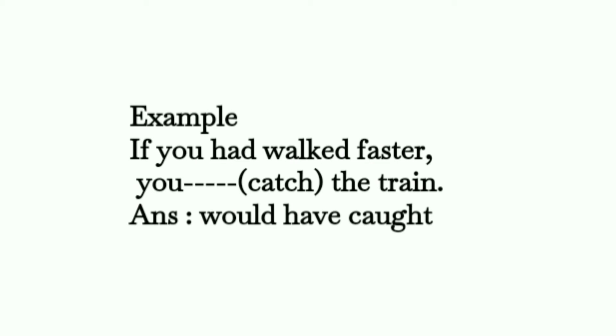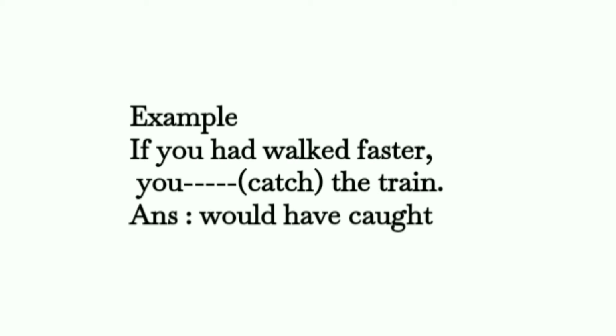Here the first clause is written in past perfect tense. So we have to use perfect conditional plus V3. So the answer will be would have caught. If you had walked faster, you would have caught the train. So dear students, I hope that you have understood the rules.